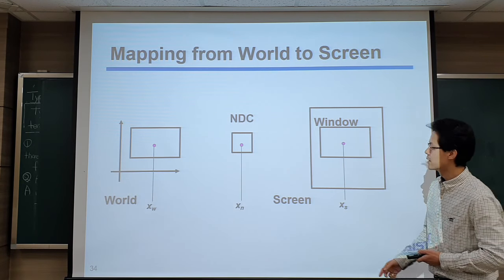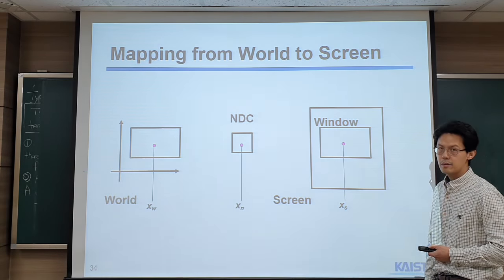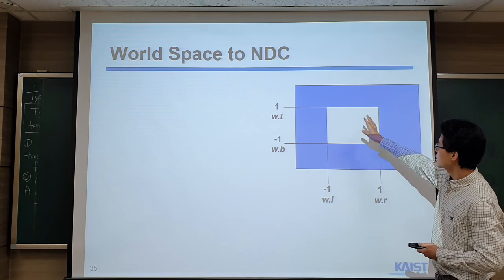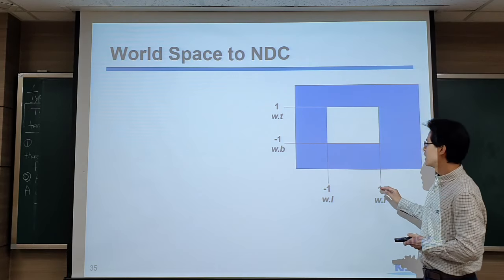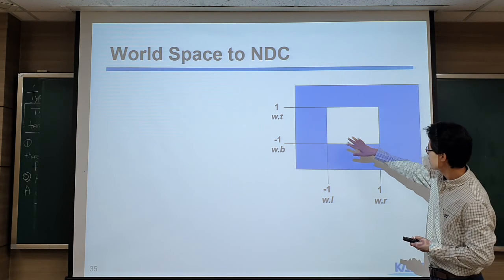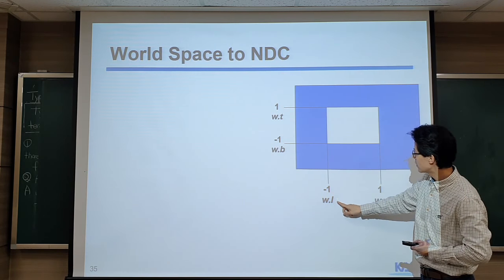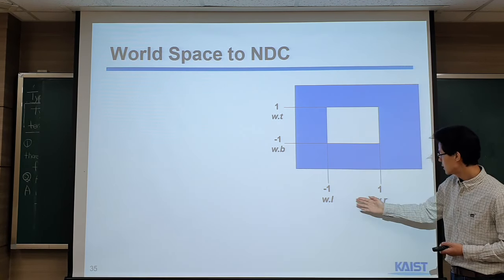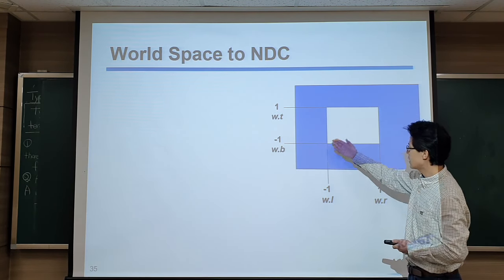The question is that given this x w, what are the coordinates for x n and x s? Here I overlapped these two spaces together, and in the world space, let's say the left one we denote as world.left, and this the right, and this world.bottom and world.top, and the NDC goes from -1 to 1 along x, and the same thing for y.